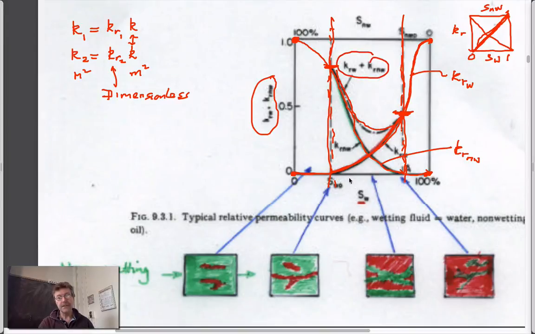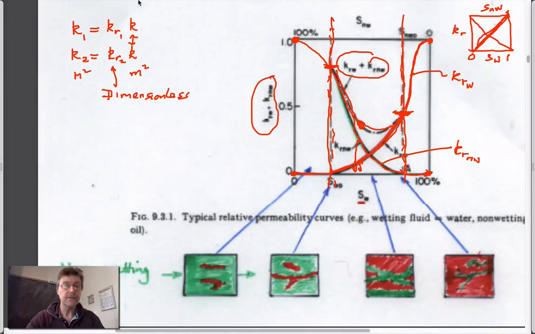If you add this height of this curve here to the height of this curve here, you get this point here. That's all this dashed line is. Not very important. I guess it's only important to make the point that if you add the two relative permeabilities, even though the two saturations always have to add to 100%, the actual two relative permeability values are much less than 100%.